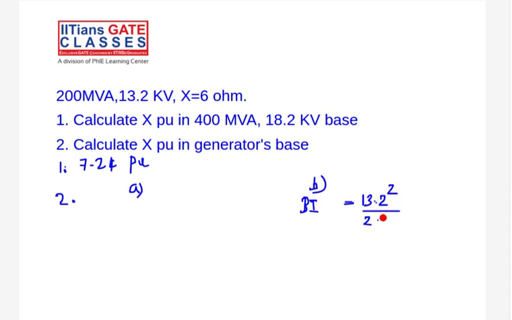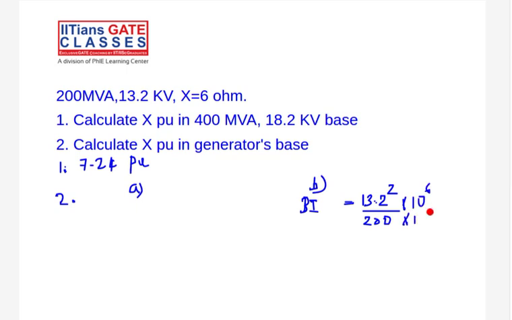Just because I'm doing this directly, I'm aware of the units, so always be aware of them. Here it is 13.2 kV and 200 MVA. So 13.2 kV the whole square will have 10 power 6, and the denominator also has 10 power 6.